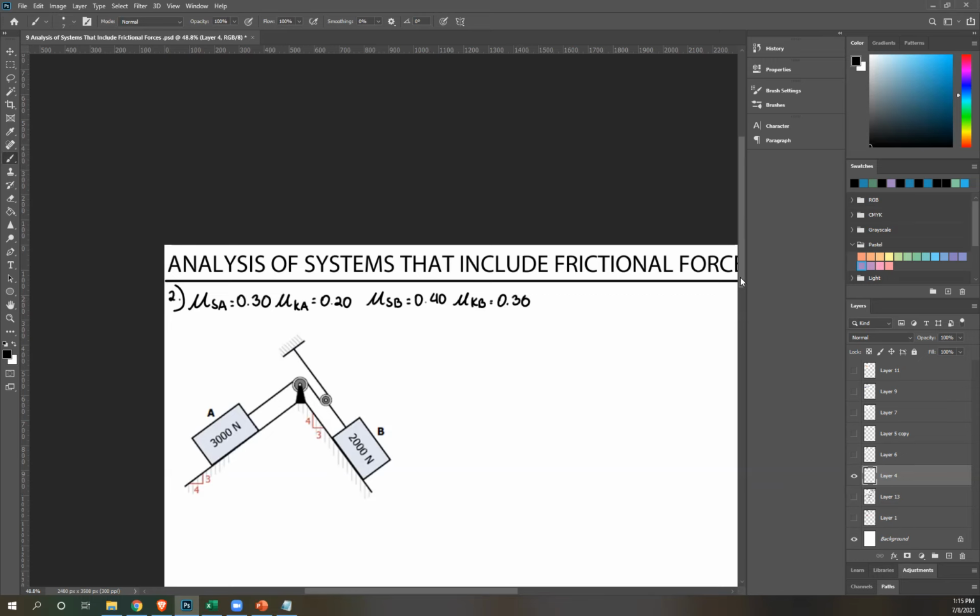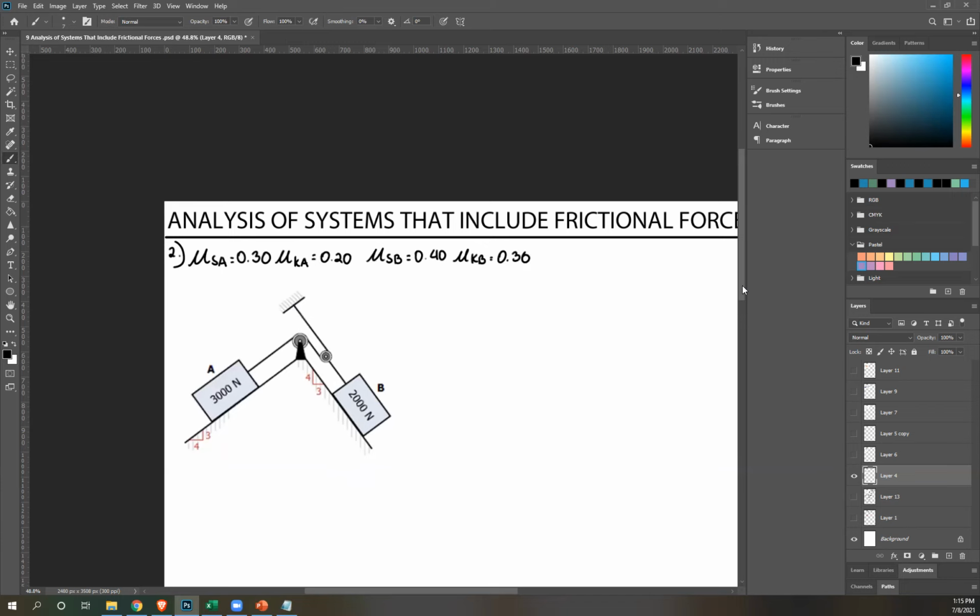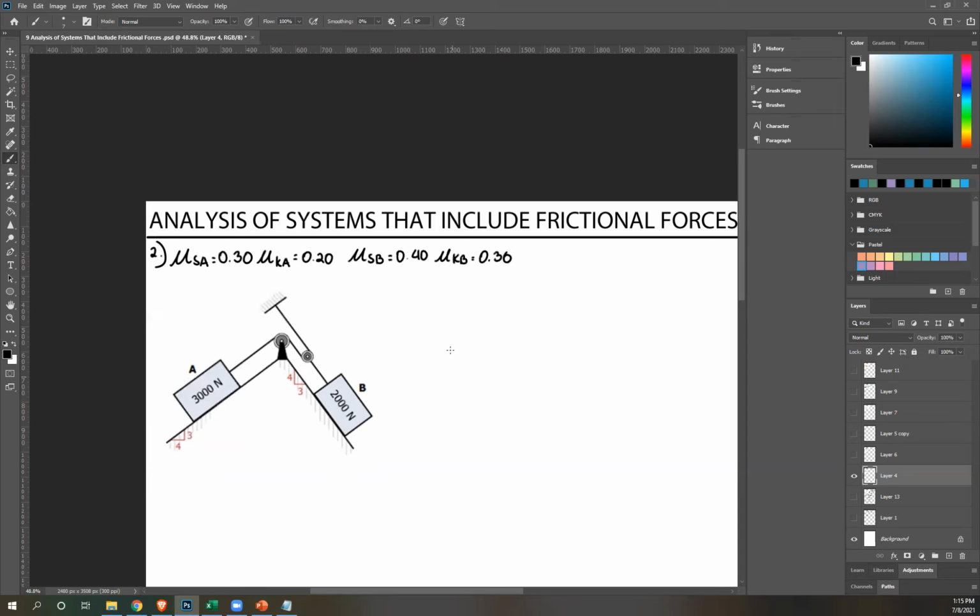So first of all, before we solve, we need to know what direction this is moving. Now, sometimes you can figure it out just by inspection. Let's say you have this system. Let's say this is 100 pounds, this is 50. Just by inspection, the only movement that this system can have is downward or stationary.